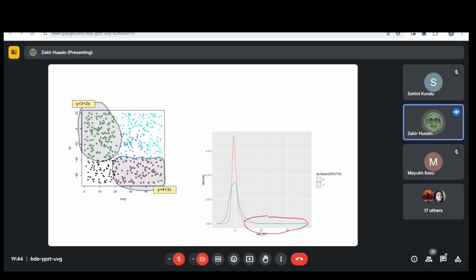You can see over here that the blue distribution just goes on up to quite large values. On the other hand, the pink one is fairly concise.